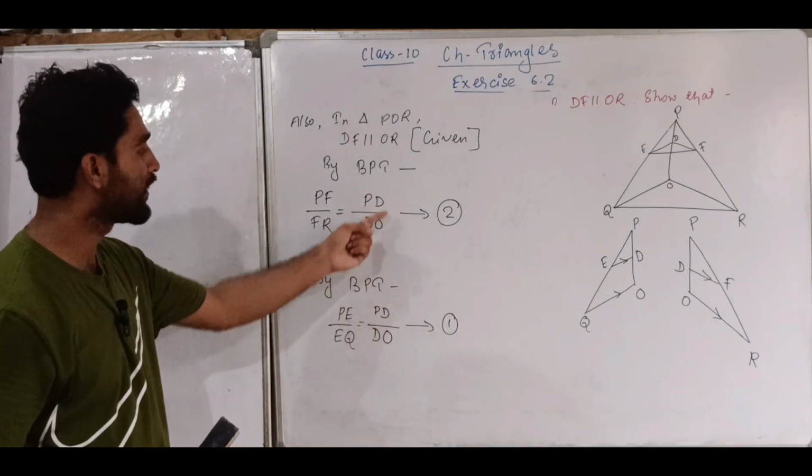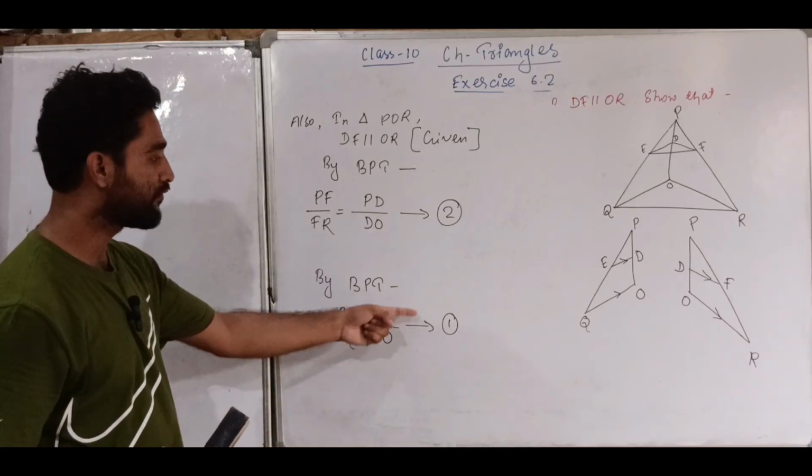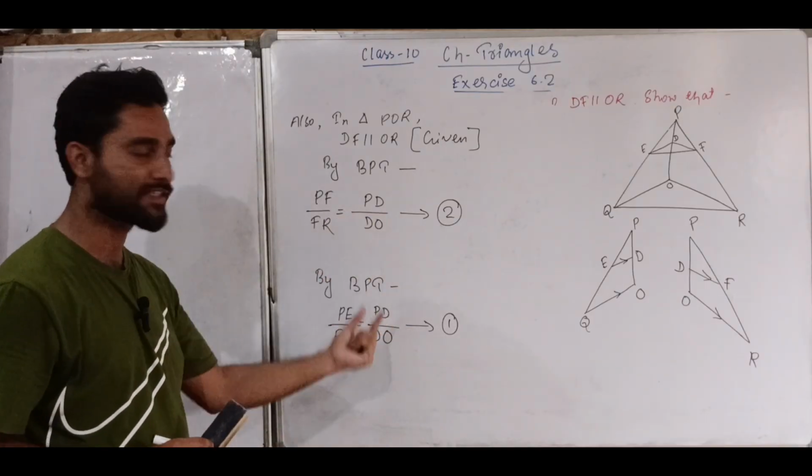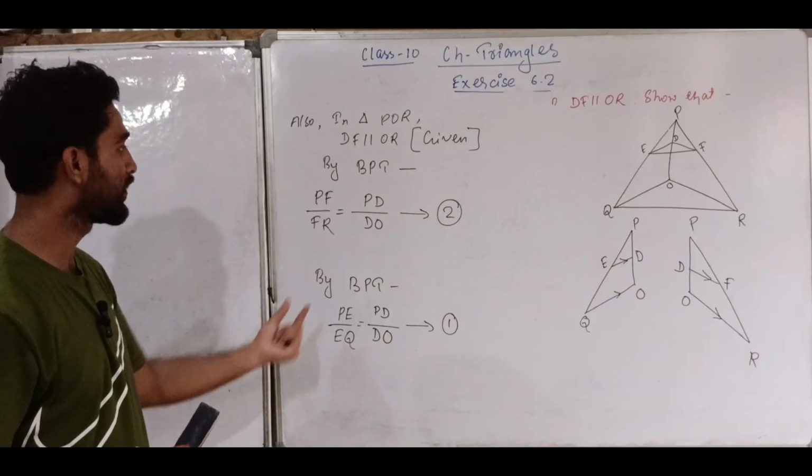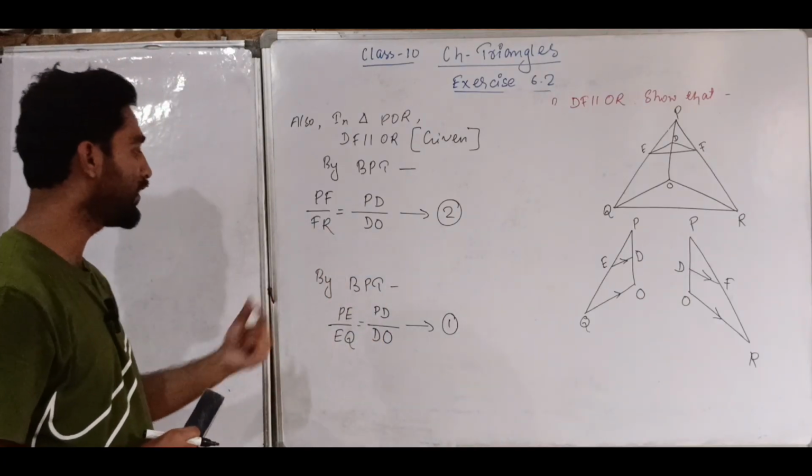Now you observe both equations 1 and 2. In both the equations, the right hand sides are the same. So if in equations any sides are the same, we can equate the remaining sides. So right hand sides are the same, we can equate the left sides.